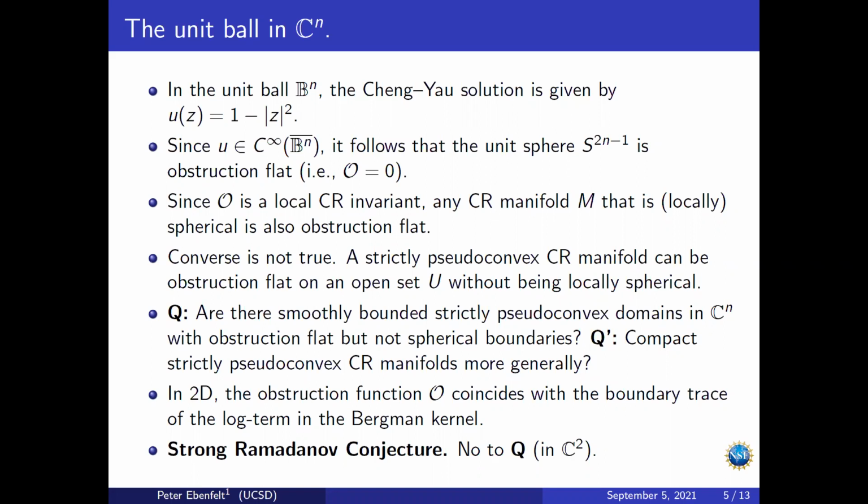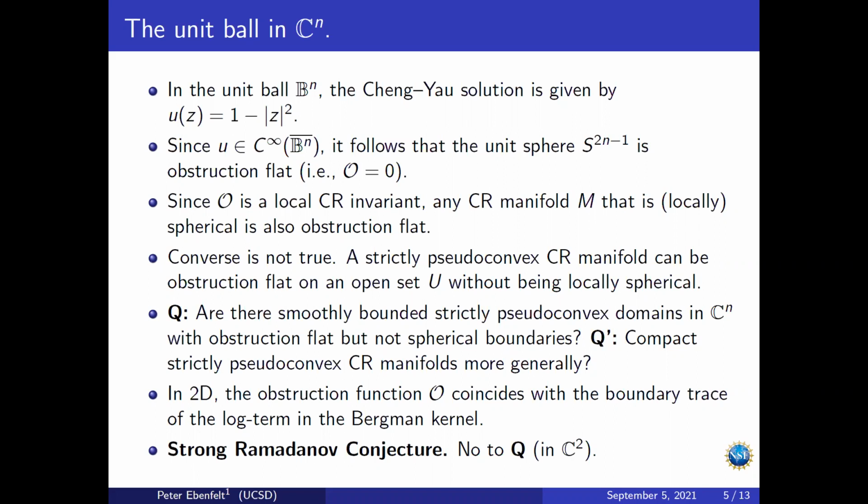Turns out if you take any compact Kähler manifold that admits a Kähler-Einstein metric, and then you take the canonical bundle over that, or the anti-canonical bundle, depending on the sign of the Ricci, and then you take the unit circle bundle in that, that is always obstruction flat. And in general, that's not spherical.